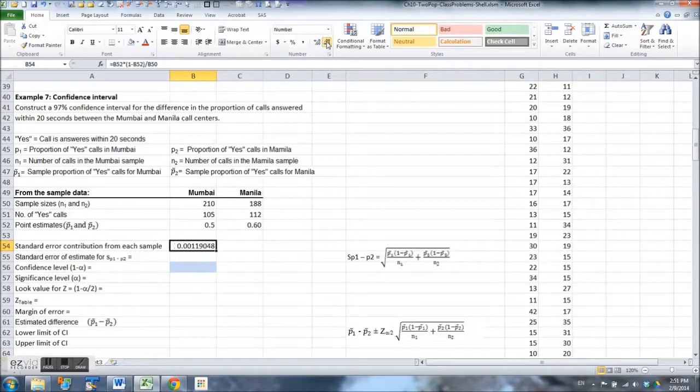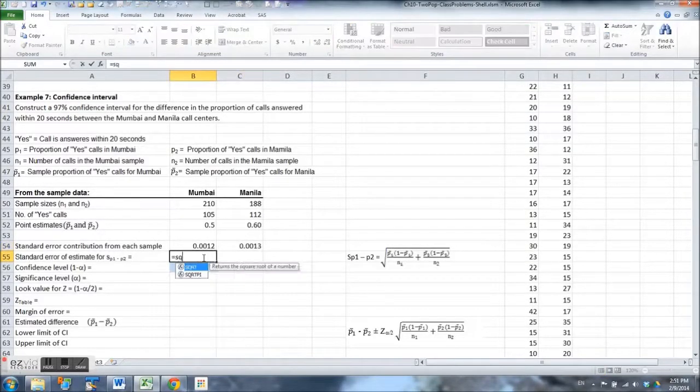Format, and we'll copy that to the next column. So now we have that setup. Now we'll put the two together in a square root, and that will give us the standard error. So that's the standard error for P bar sub 1 minus P bar sub 2.